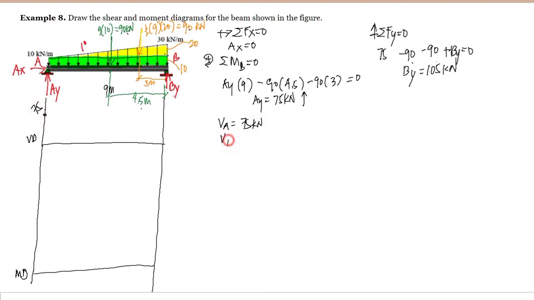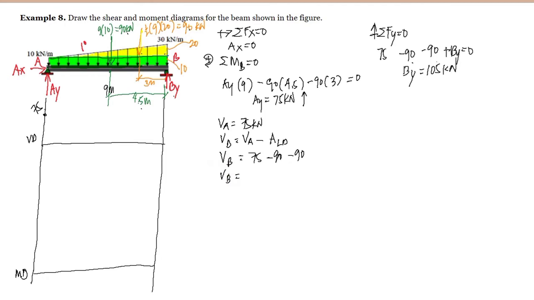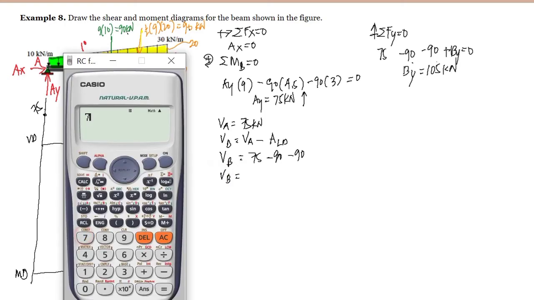And for B, we have the shear at A minus the area of our load diagram. So the shear at B is equal to 75 kilonewton minus our areas: for the rectangle you have 90 and for the triangle you have 90. So the shear at B is equal to negative 105 kilonewton.